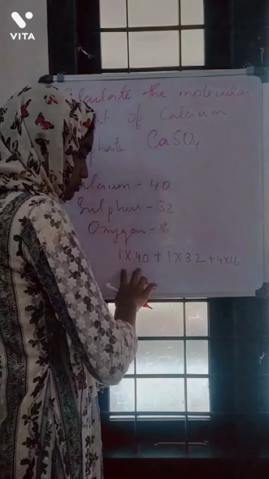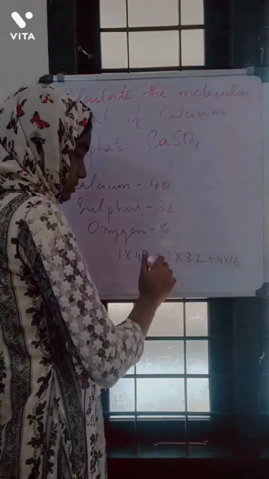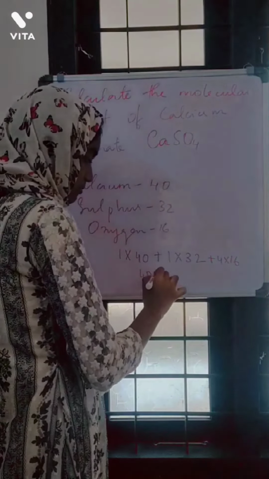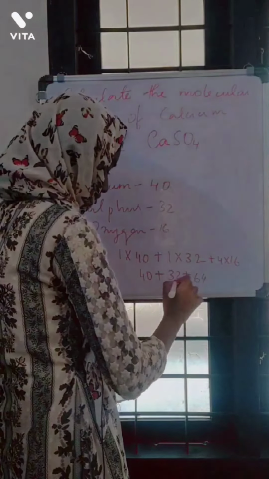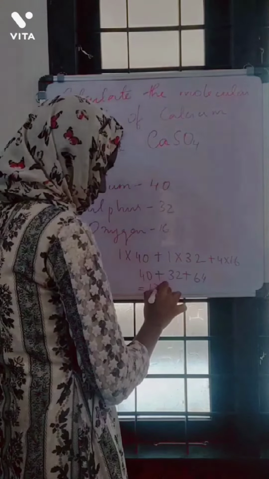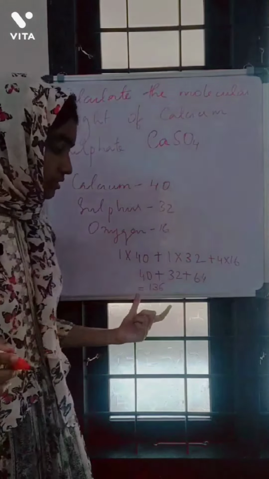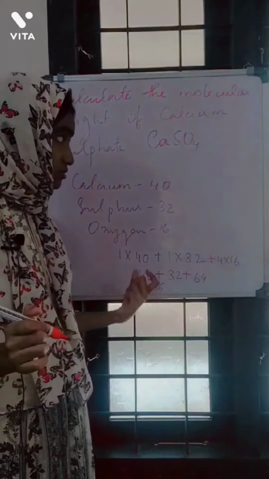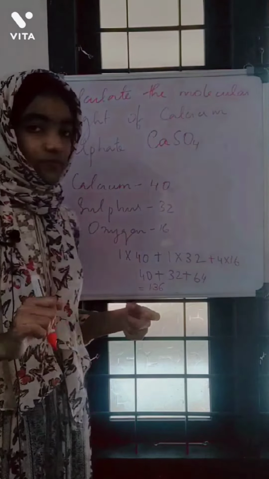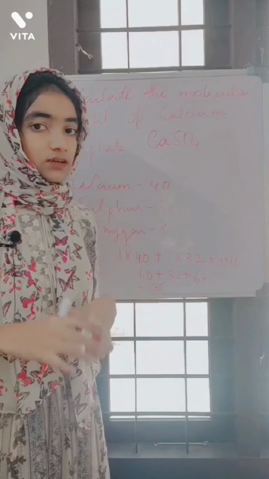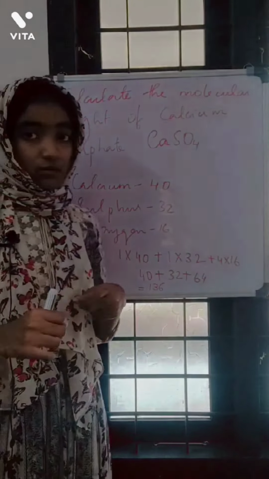Now I am going to multiply and add these values. 40 plus 32 plus 64, which is 136. So the relative molecular mass of calcium sulfate is 136. This is how you calculate relative molecular mass.